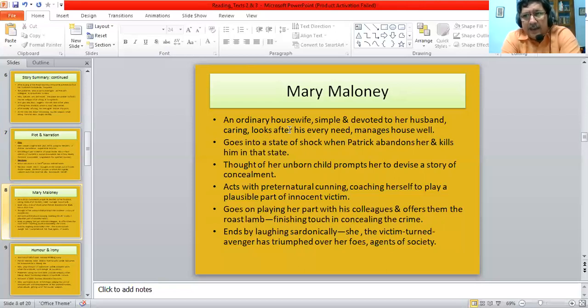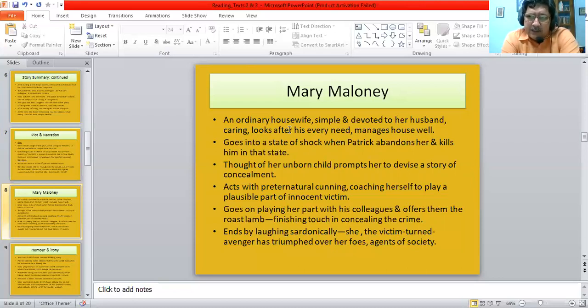Of course, Mary is being extremely hypocritical in behaving like this, but as we know, it is her instinct for survival and her instinct to save her unborn child that is making her behave in this hypocritical and calculating way. So it is a superb touch.